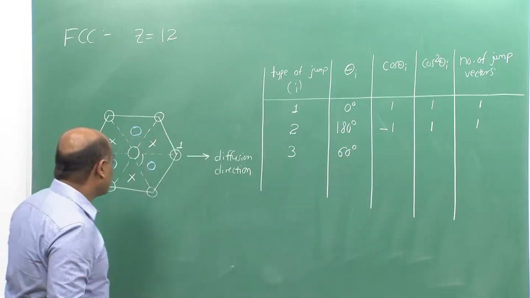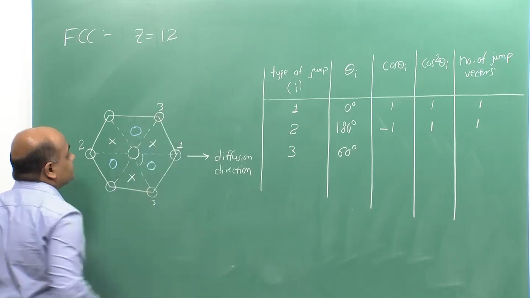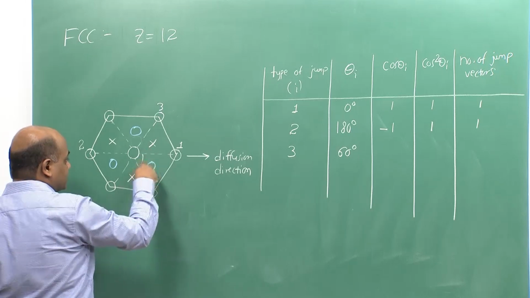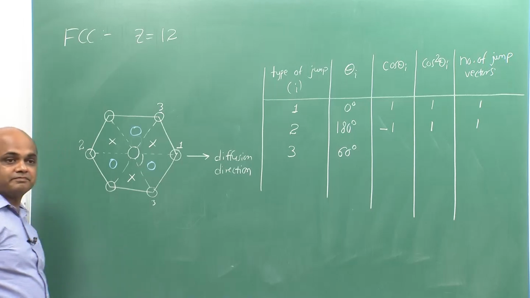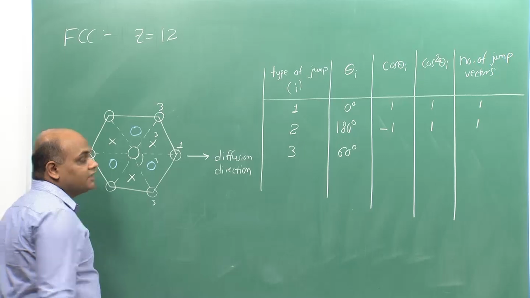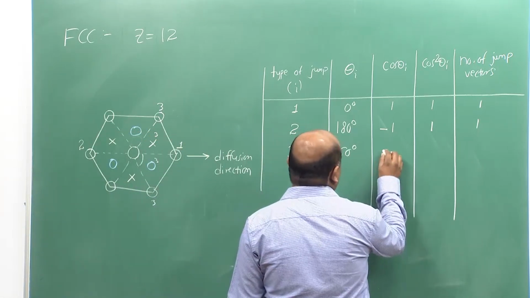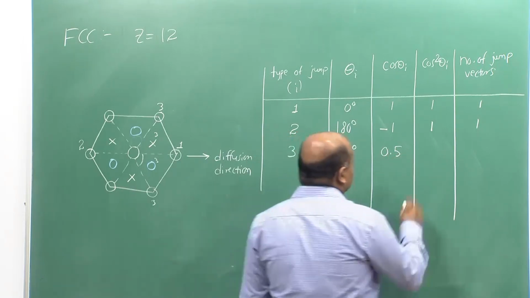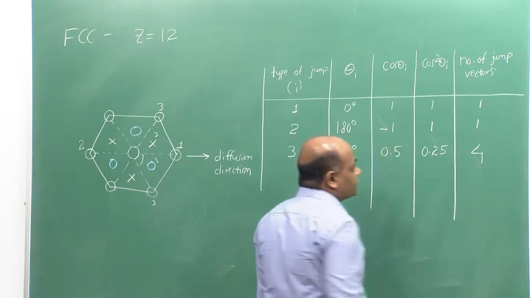How many such atoms are there? Obviously, this one and this one, and also these two which are out of the plane, right, one on top, one at the bottom. So, 4 such sides make the angle of 60 degree. Cos 60 is half. The cos square theta i is 0.25, and there are 4 such sides.